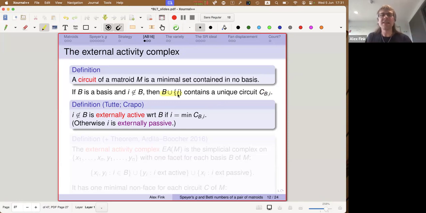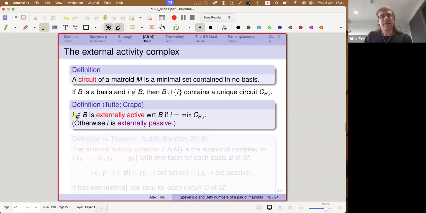It always contains the element i. And if I've found this, I can ask whether my element i was the minimal thing in this distinguished fundamental circuit or not. The answer to that question is the classical notion of matroid activity for the external case.